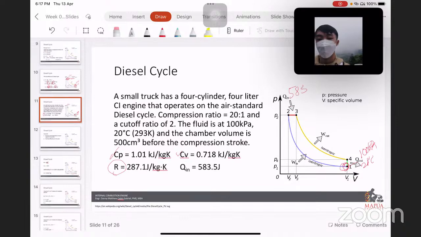This is our V1. At the chamber volume is 500 cubic centimeter, which means maximum volume, which means bottom dead center. So ito yun, bottom dead center. 500 cm. So meron kang V1, meron kang P1, at meron kang T1.